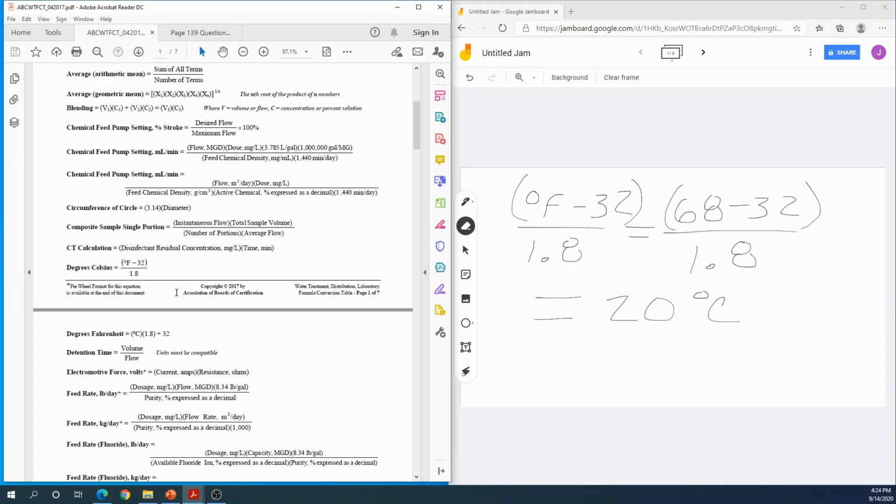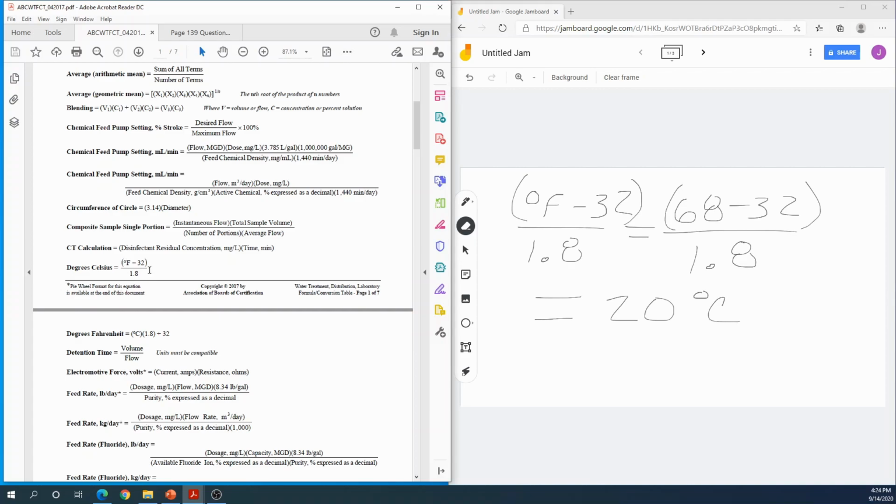So do you remember back when we were talking about algebra in the last hour of math, and I got kind of frustrated with the problem sheets we were working with when we were doing the order of operations? You see how this one is written with parentheses, degrees Fahrenheit minus 32, parentheses, divided by 1.8. Now, this is how you typically see something written when you have two different numbers being divided by a different number. So when we follow order of operations, parentheses first.